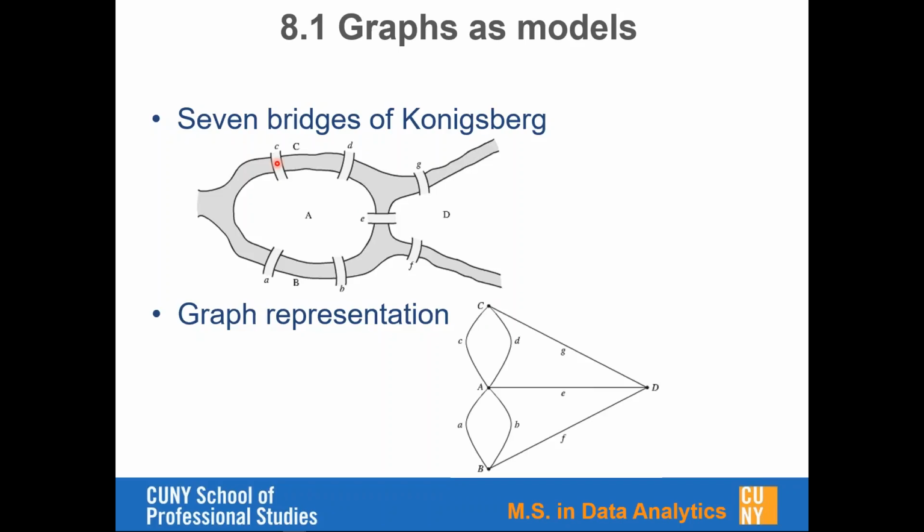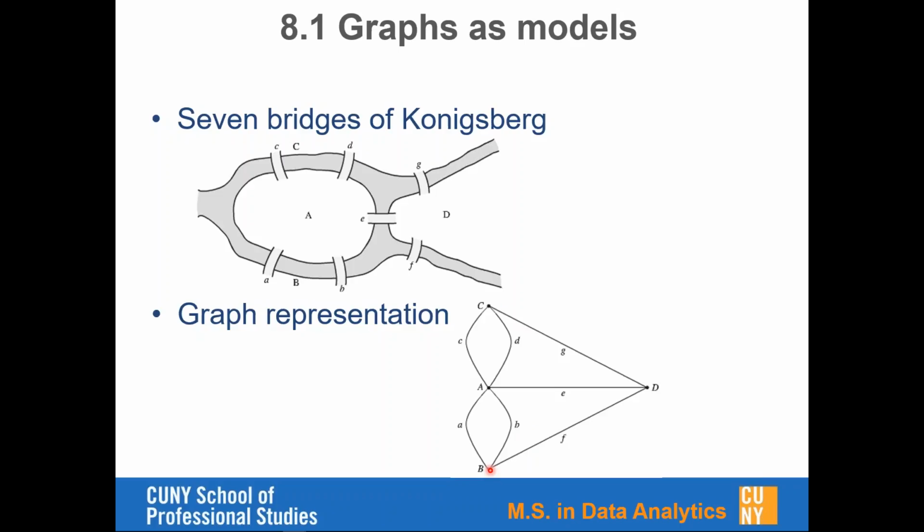In this case, we're using nodes to represent all the different areas. This area in the middle is node A, and the area outside of the city bridge is node C. Similarly, there's a node D and a node B, which are connected by different bridges.